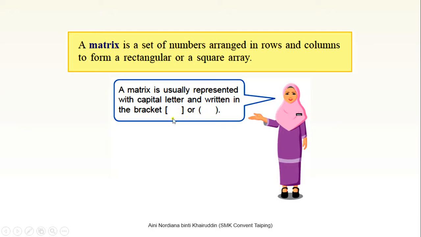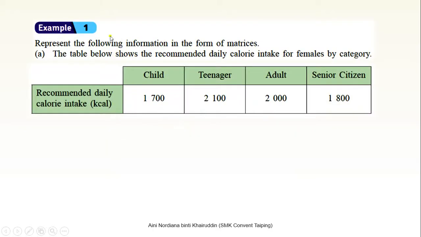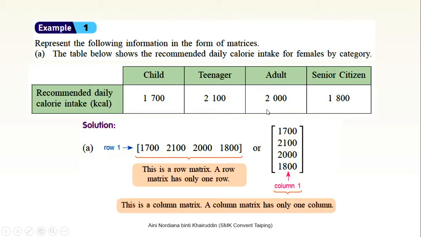You can use both. Okay, for example 1, represent the following information in the form of matrices. This is the table that shows the recommended daily calorie intake for females by category. We want to represent this in the form of a matrix. So this is the answer.